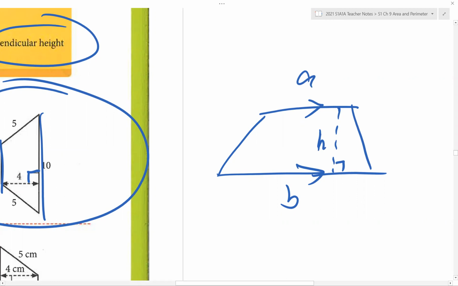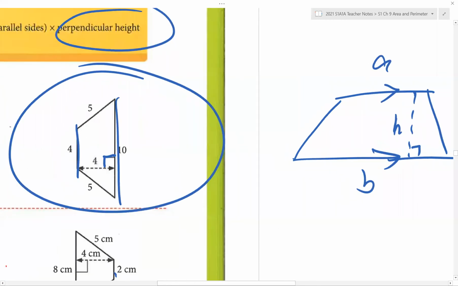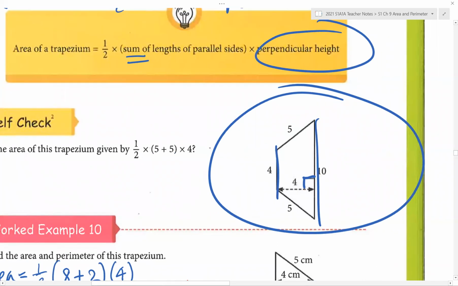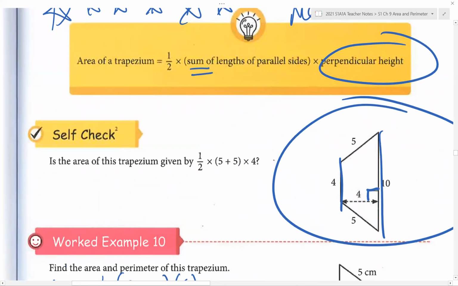Yeah. Can, right? But what if I turn the page? Does the area change? No. You can turn your book. You can turn it any way you want, such that you are comfortable with the parallel sides and the perpendicular height. So that brings us back to this question. Self-check. Is the area of this trapezium given by half times 5 plus 5 times 4?